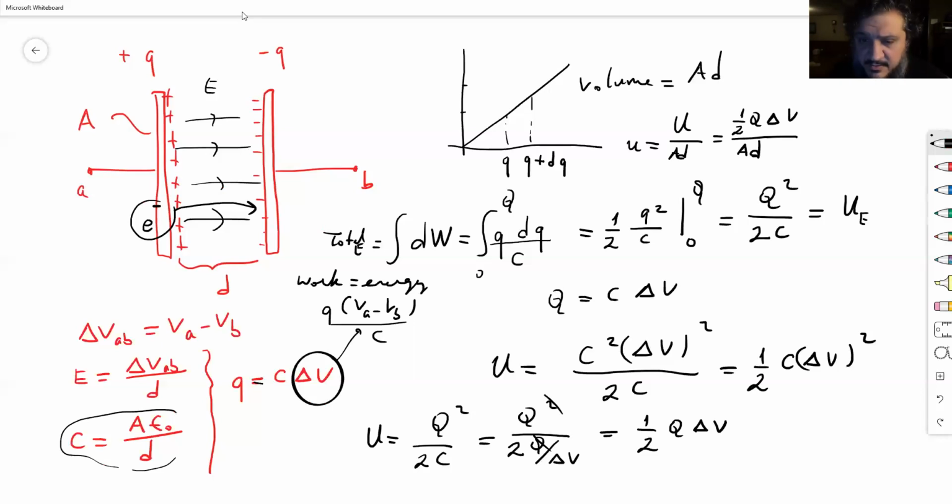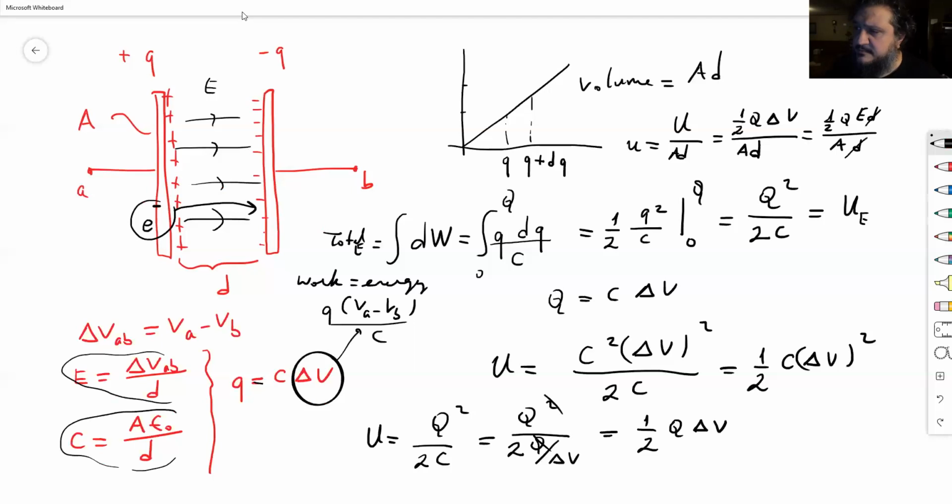I can replace delta V by E times D. So I will have here 1/2 Q times, instead of delta V, I'm going to write E times D divided by AD. So I will get rid of these.